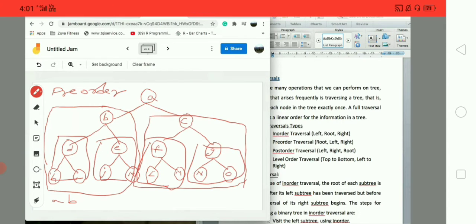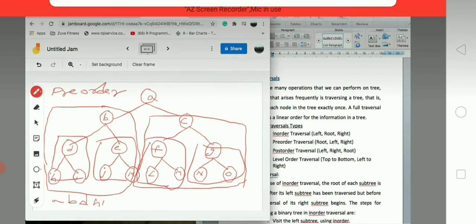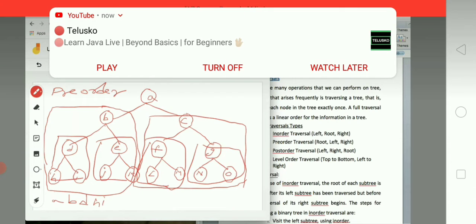So on the left side B is the root node, after that D. Here D is also a root node. After that it visits the left side, that means the left node is H. After that it visits the right, that is I.